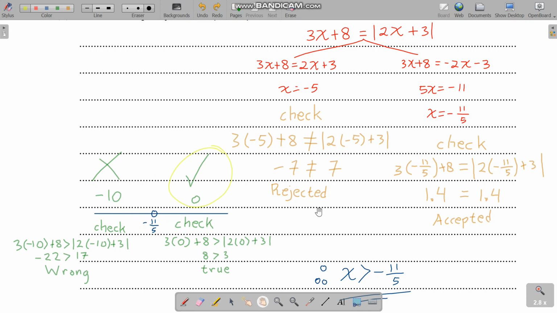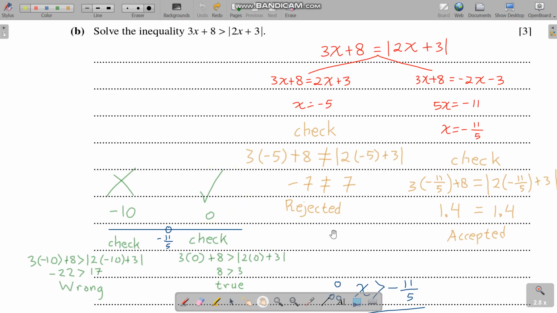And to know which interval we can use, we have to check using the inequality, so the original inequality. So to check, we plug in any random number to the left or smaller than minus 11 over 5 here. So on the left interval, we have to use something smaller than minus 11 over 5.